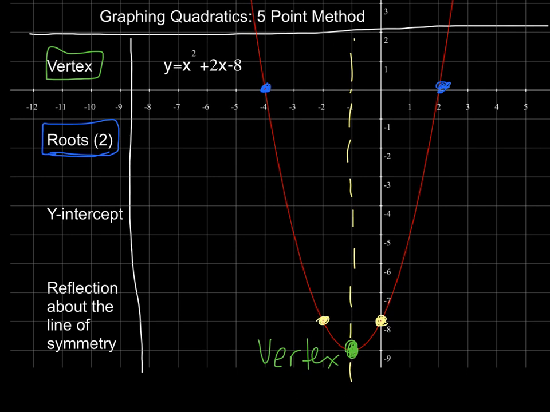So since that was 1 away from here, then it's 1 away from there. So there's your 5 points. You've got 1, 2 for your roots. You've got the y-intercept and the line of symmetry reflection of the y-intercept and your vertex. So these are going to be the 5 points that we're going to use to graph our quadratics.